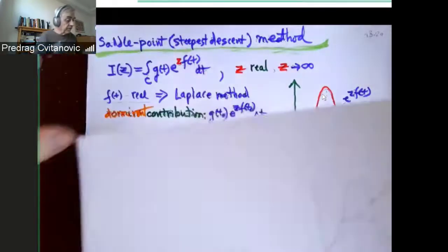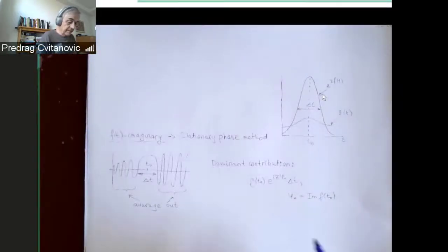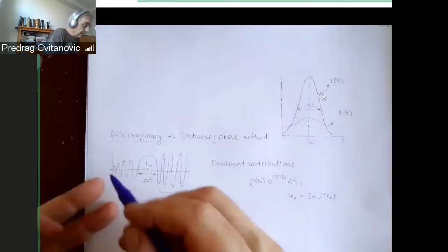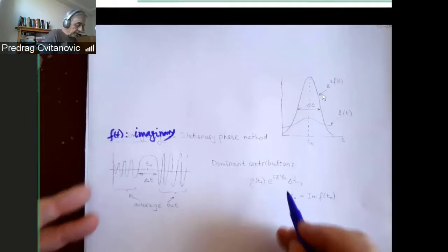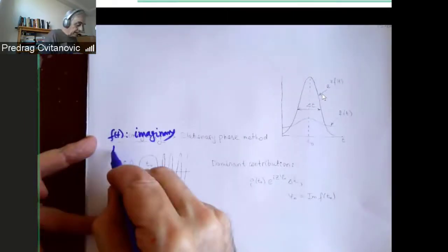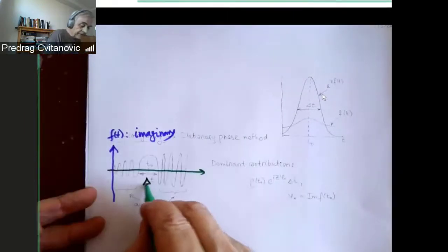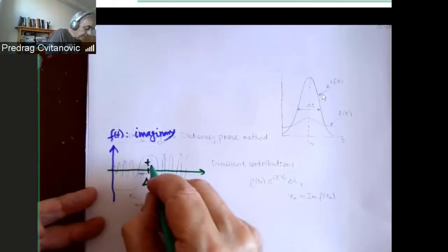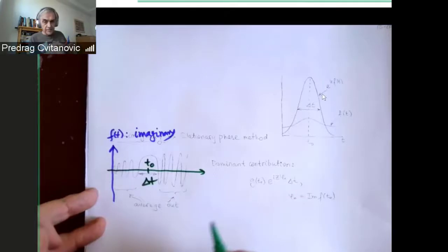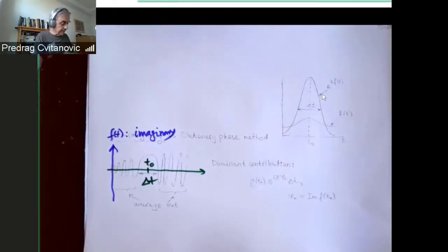If the function is complex, this is not going to work because, if f(t) is pure imaginary, then what's going to happen is, as I look at the integrand, there still will be some width around the maximum. Let's say the maximum is t0. So around the maximum, the function doesn't change much at the top of the hill.